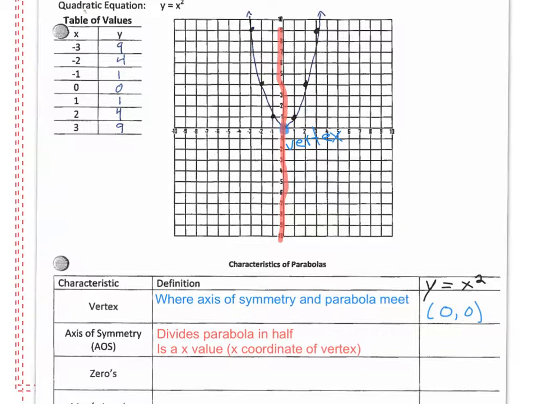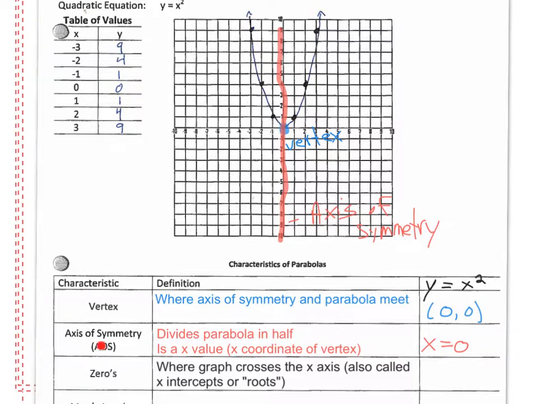So this is a little bit messy, but this is our axis of symmetry. So our axis of symmetry for y equals x squared is x equals 0, because it's passing through x equals 0.